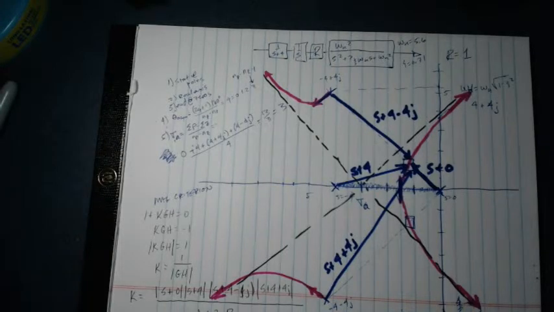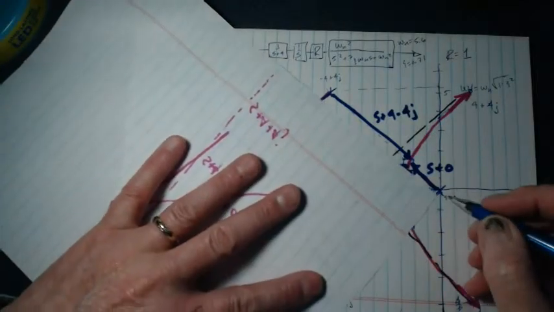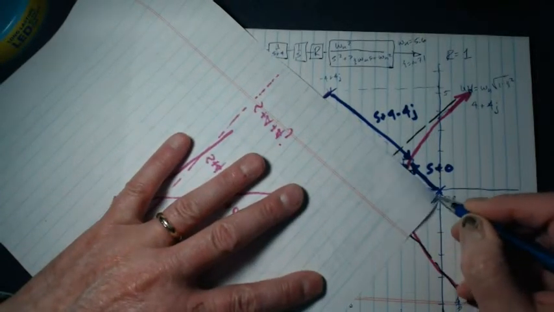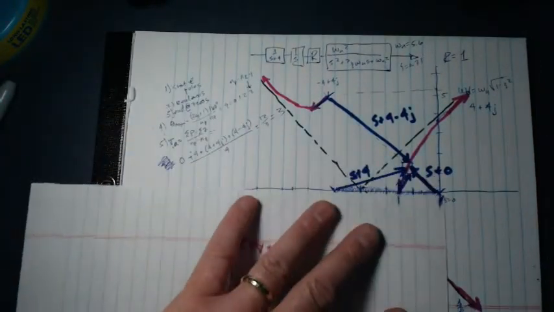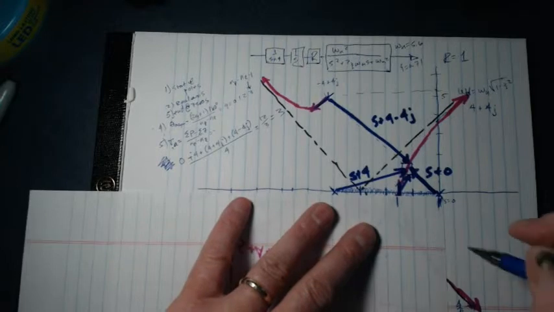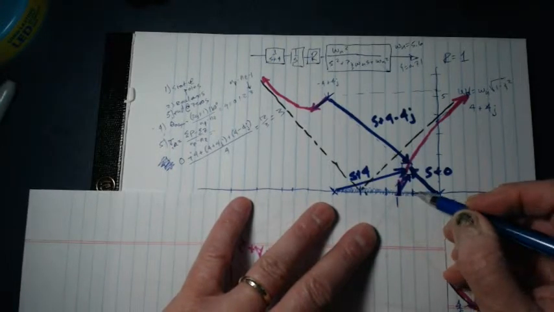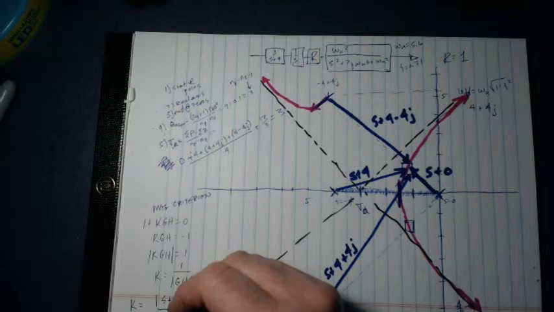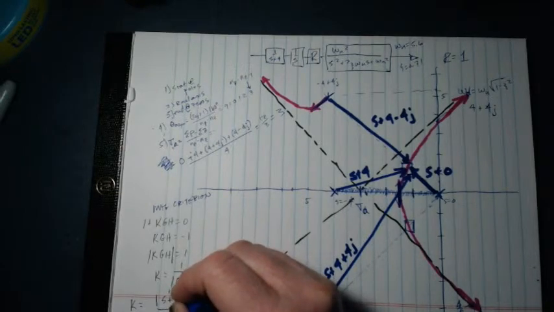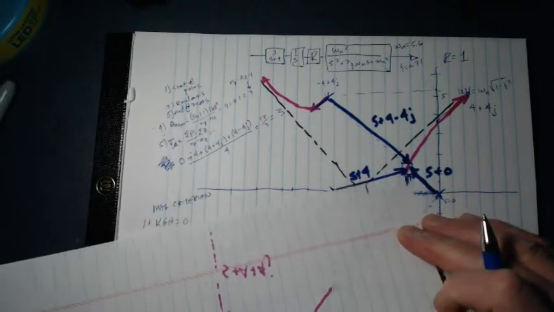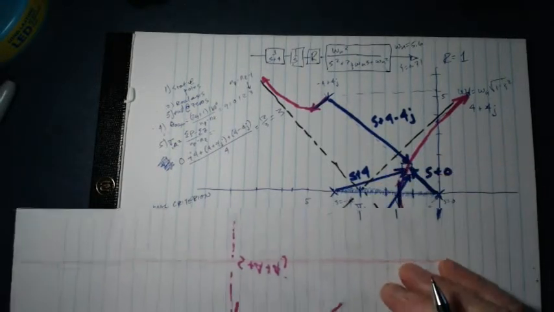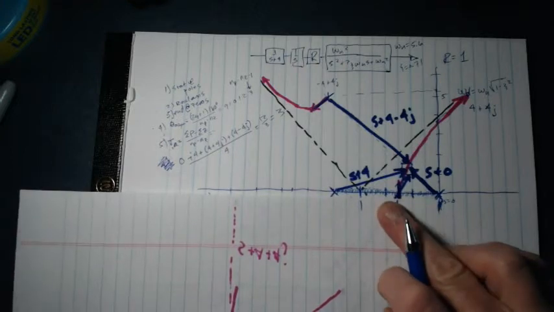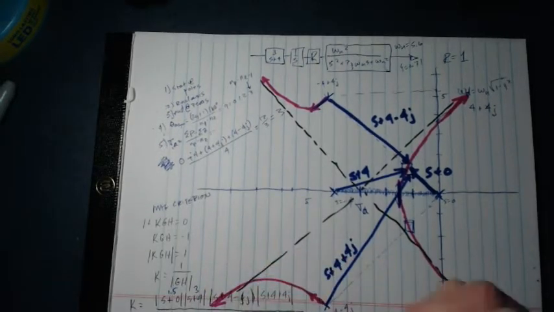I don't have a good ruler, so I'm going to do the poor man's measurement system here. Let's just make this 0. So that's the distance s plus 4. Let's call that 1.5. What's the distance of this? Length of this one is to here. Let's call that 3.